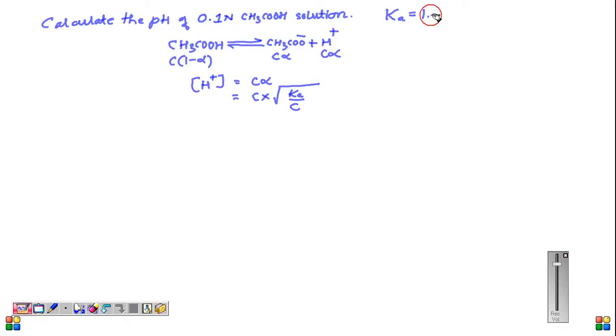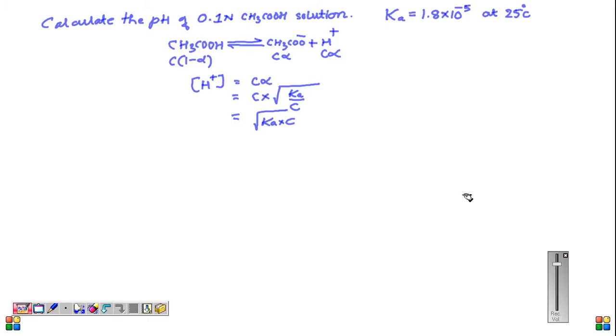It is 1.8 into 10 to the power of minus 5 at 25 degree Celsius. At the same temperature we have to find out the pH of the solution. So if you simplify this, C into root of Ka upon C is equal to root of Ka into C.